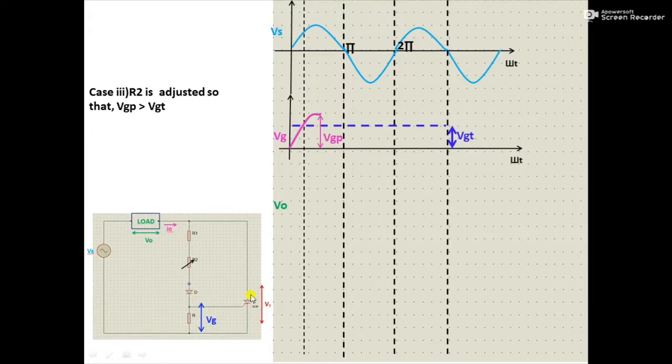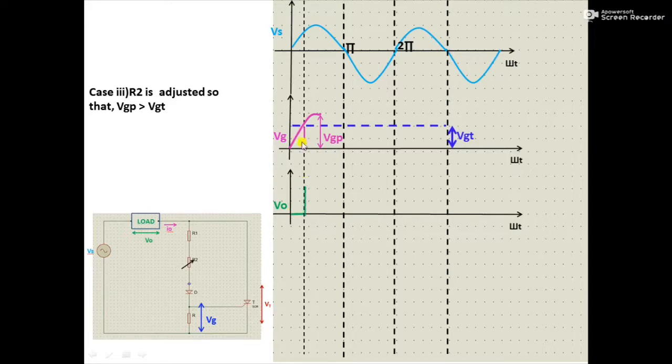So let us see, with the turn on of the thyristor, what the load voltage will be. Load voltage is V0. So this is the V0 waveform with respect to omega t. When the thyristor was off, during this time period, V0 is 0.